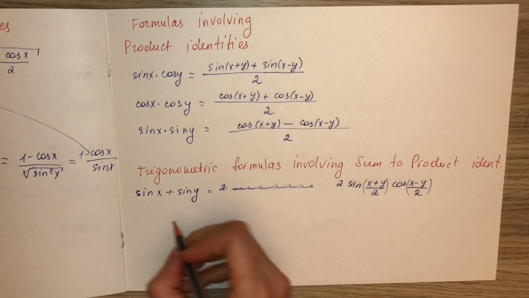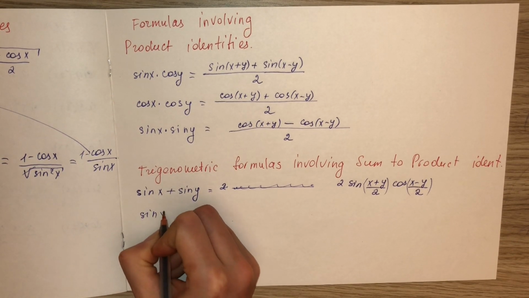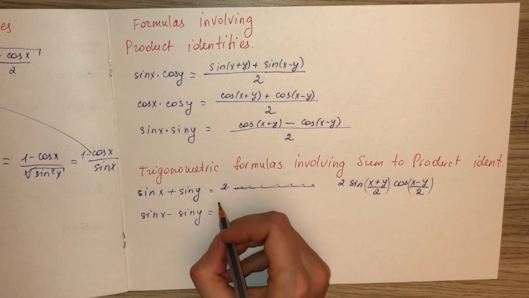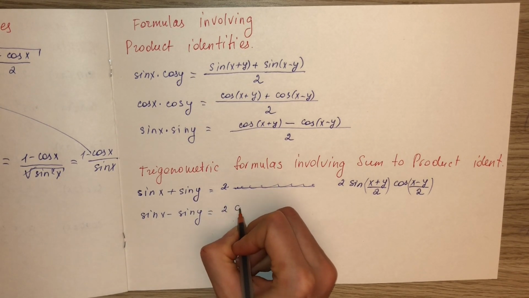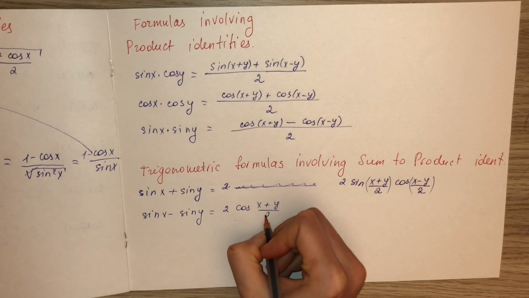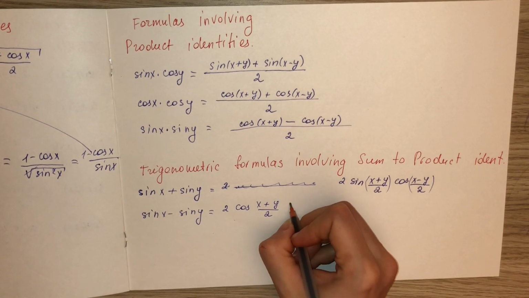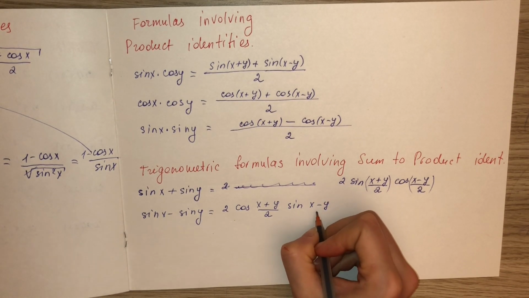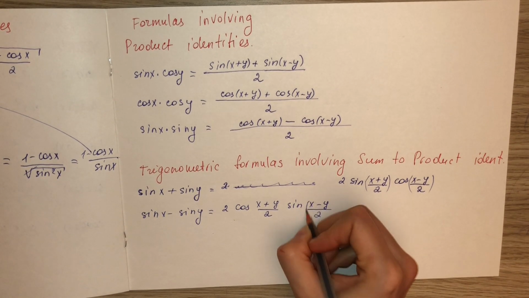So sine x minus sine y is equal to 2 times cosine x plus y over 2 and sine x minus y over 2.